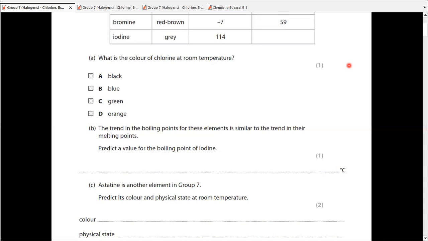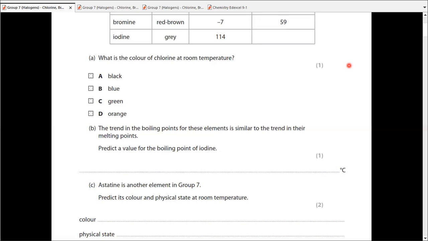Out of astatine, those two have been asked as a question over here: the color. And since I've already explained color and the darkness of it as a trend in group 7, and there's physical state on top of it, this should be easy. As you said, sir, that iodine and astatine have the darkest color.